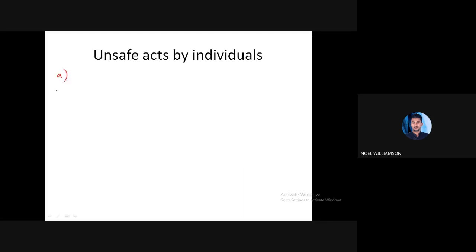So first one, operating machines or equipment without proper authority.